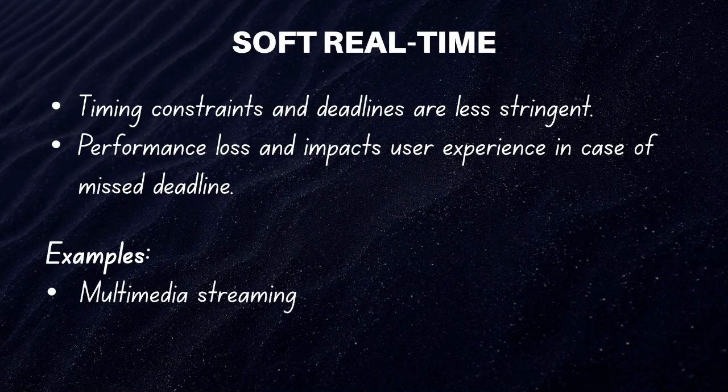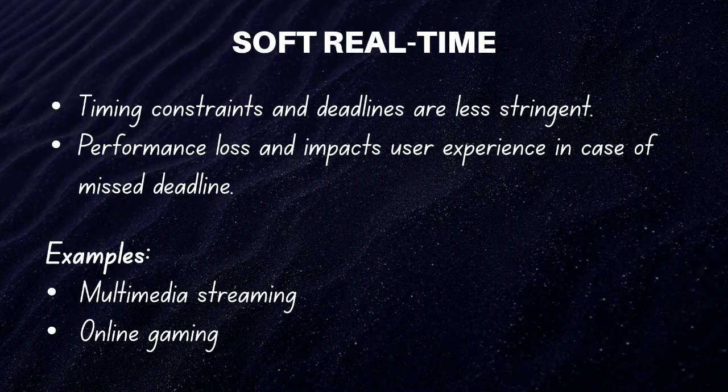You all know when you stream YouTube or Netflix, you watch the videos, it should be without interruption, it should be smooth. If there is a delay like buffering, the user may experience a temporary pause or lag, but still it does not cause any damage. Similarly, in online gaming, if there is a slight delay or lag in the data transmission, the game might experience some stuttering or players might be temporarily out of sync and the gameplay will not be smooth.